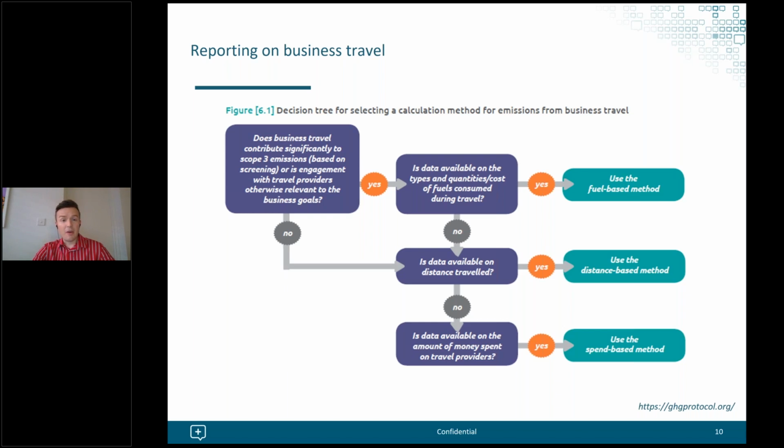So this is a diagram taken from the GHG protocol methodology. And this just very simply outlines the different steps for calculating travel emissions, where the first priority is using fuel consumption, the second using distance, and then the third using spend information.